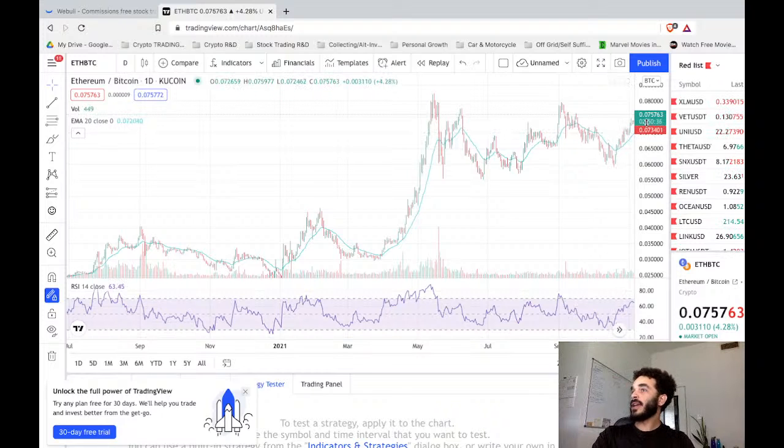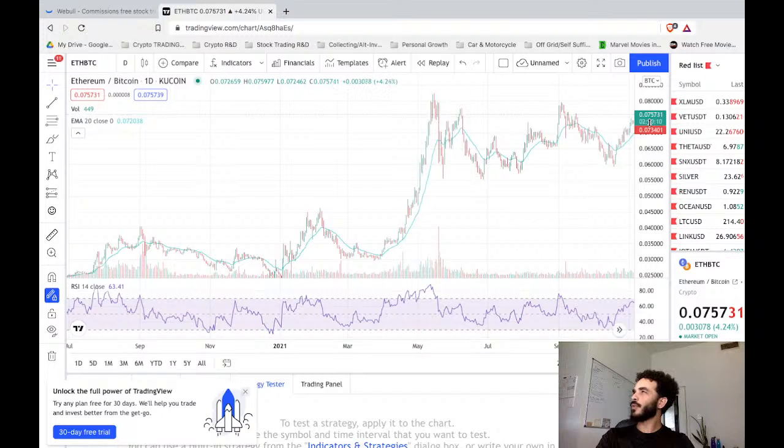You're just buying the breakdown of that crypto. For Bitcoin, it would be a Satoshi. You're saying, hey, 1 Ethereum is 0.075 Bitcoin, or you could say in Satoshis too if you move that decimal place over by 4 zeros effectively.